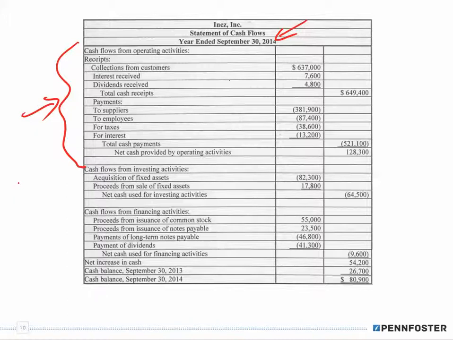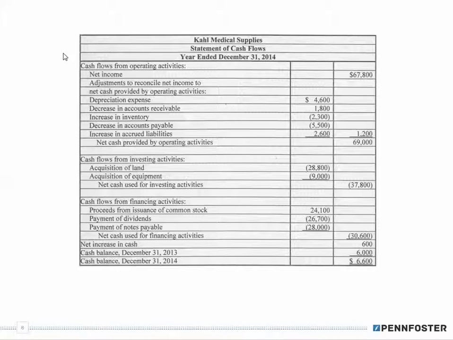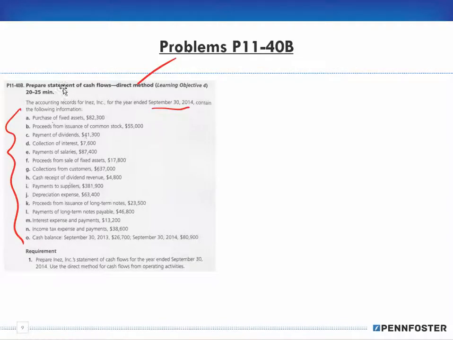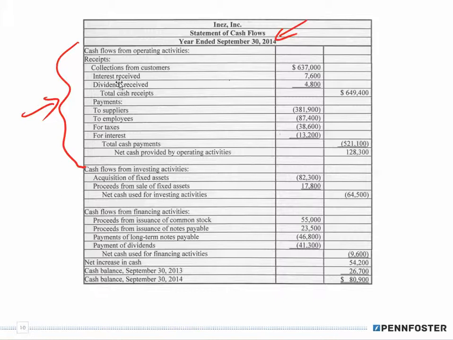With the indirect method, you're taking the information from your balance sheet and your income statement, and looking at increases and decreases of certain accounts, whereas with the direct method, you're looking directly at what cash, as an example, goes to suppliers, what cash goes to employees, and that's what you're recording in your operating activity section.